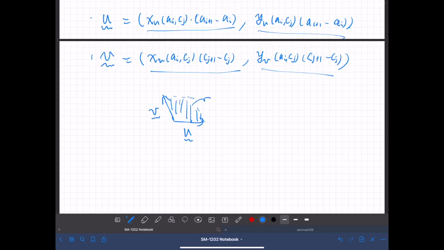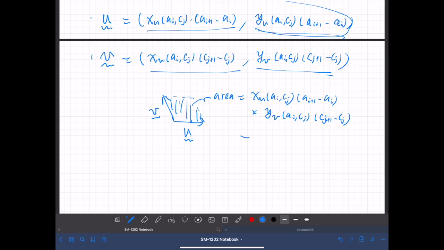So the area of this is given by x_u(a_i, c_j) times (a_{i+1} minus a_i) times this one, y_v(a_i, c_j), times (c_{j+1} minus c_j), minus this one times this, or in any order.